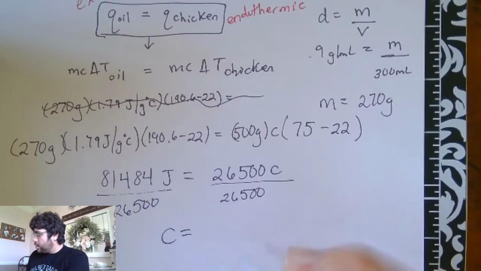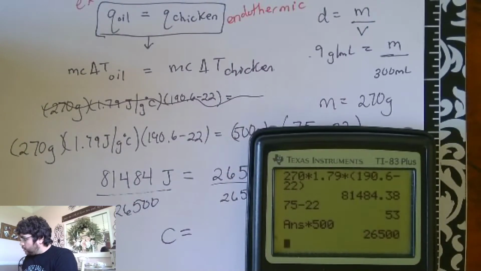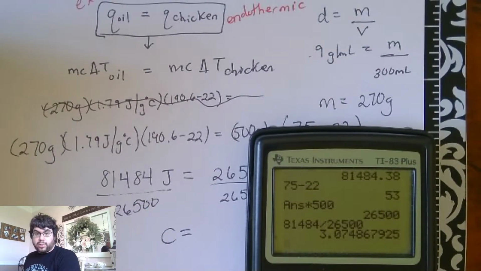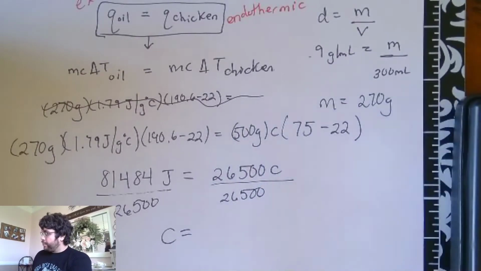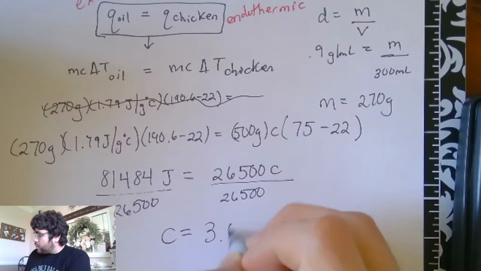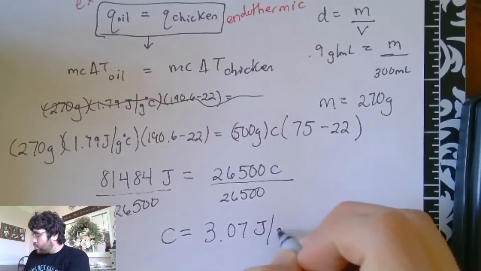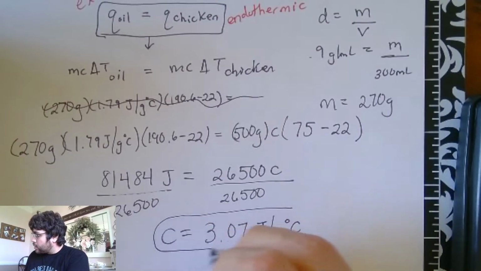So C comes out to be 81484 divided by 26500, and our answer is 3.07. So the specific heat of chicken, 3.07 joules per gram Celsius.